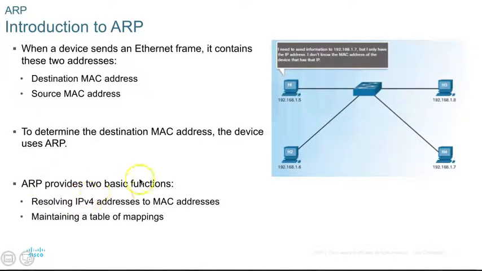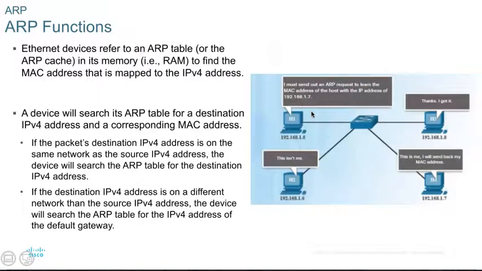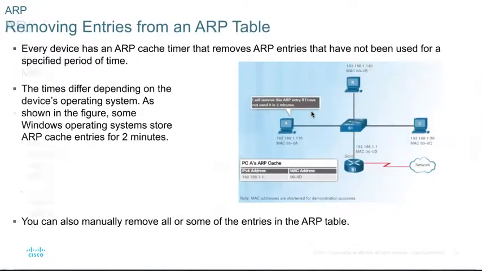ARP, as you can see, provides two basic functions. One is to resolve IP to MAC address mapping, and the second is that it maintains the table of mappings. The switch has a table called CAM, C-A-M, in which it knows every single port, what PC is connected to it, and what MAC address it is really using. We can remove ARP entries.